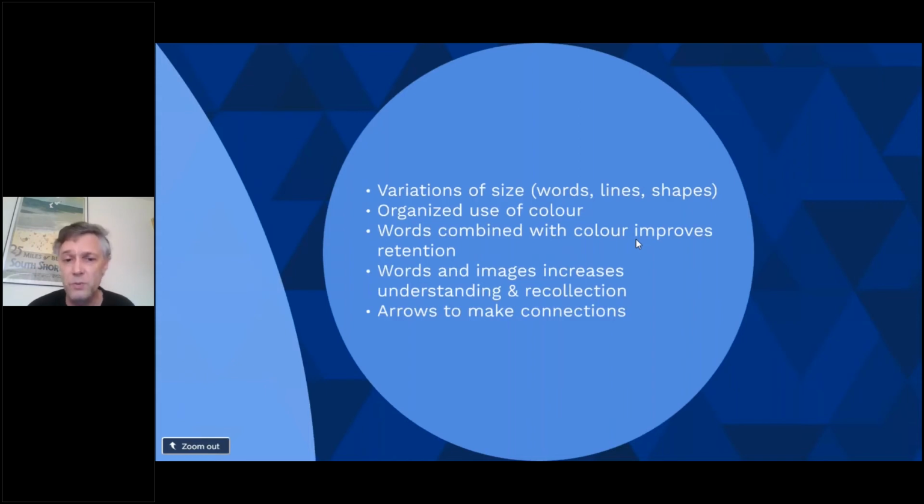There were no differences between these. So the elements of words, images, color increase the potential understanding and the recollection, especially when you start to develop a map on an idea, a problem, or a concept that you come back to later on.